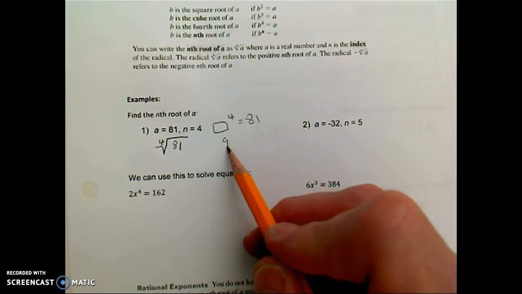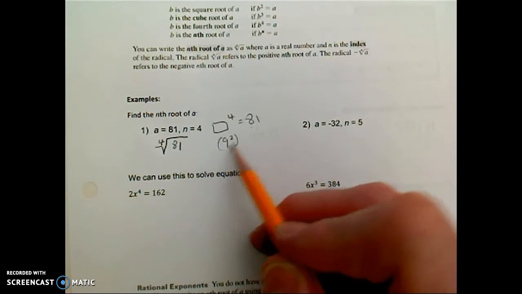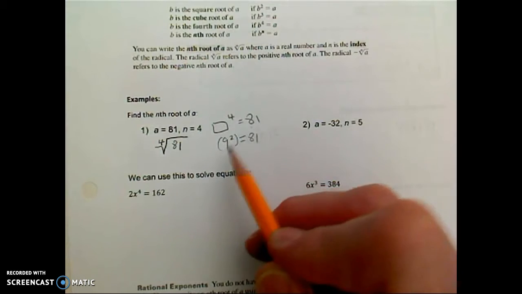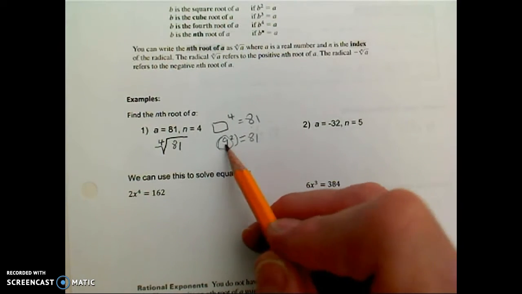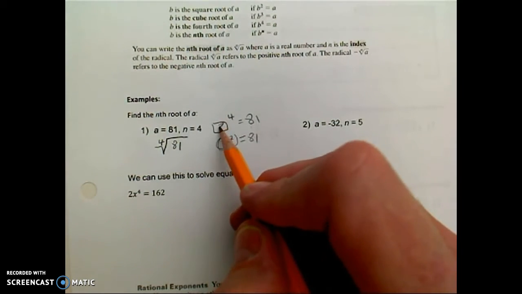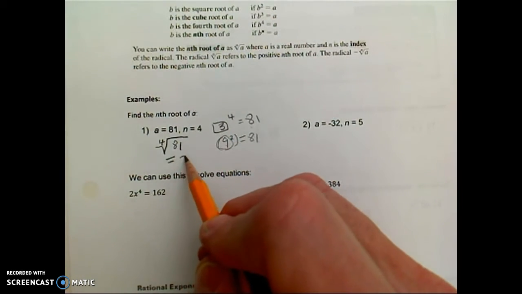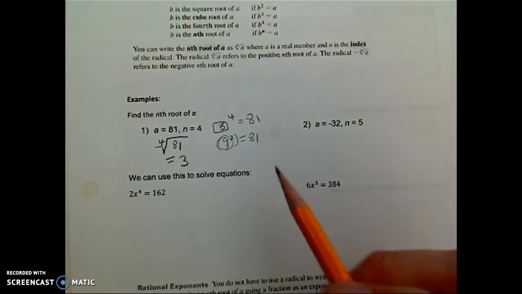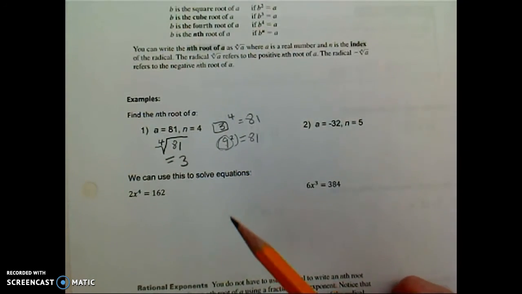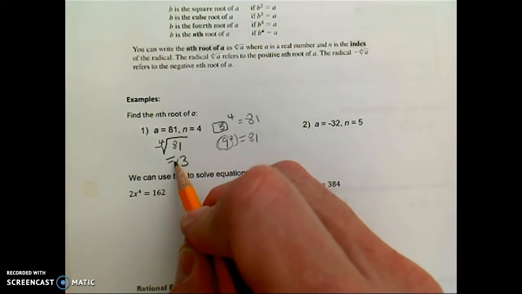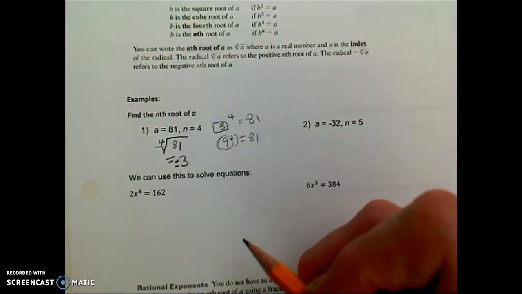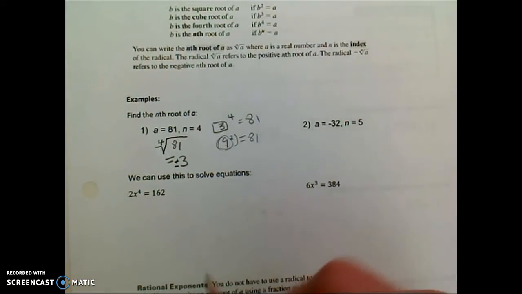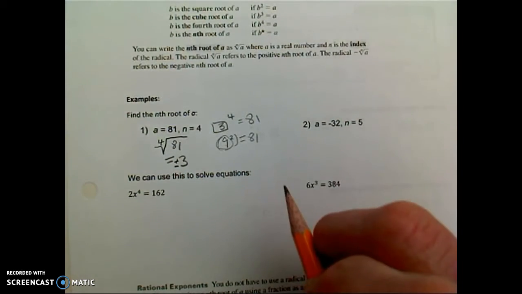I recognize that 9 squared is 81. So now I'm thinking, what number times itself equals 9? Obviously that's 3. So the fourth root of 81 is 3. And in fact, positive and negative 3, because if I put negative 3 to the fourth power, I also get 81.